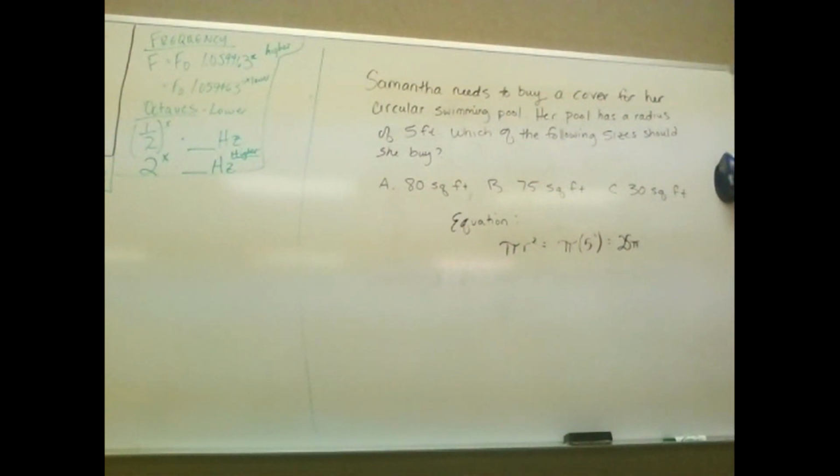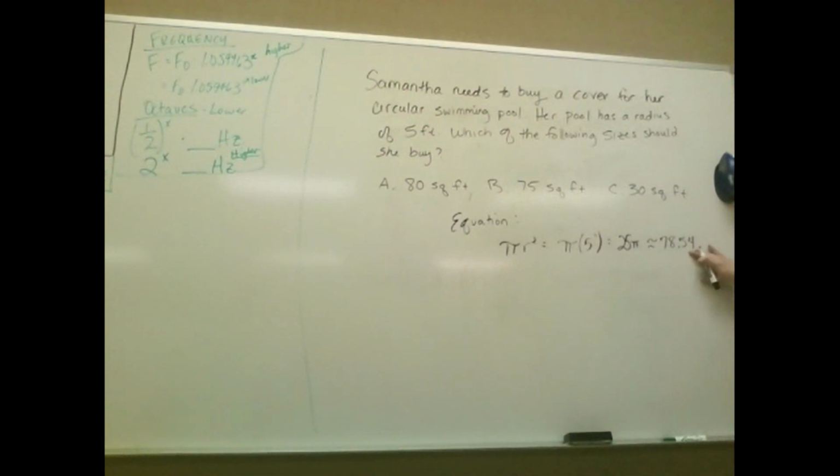All right, so that would require you to put it in your calculator and know what 25 times pi is. Okay, so for those of you that put it in your calculator and figured out what 25 pi was, is it A, B, or C? It would be A. This comes out to be approximately 78.54.